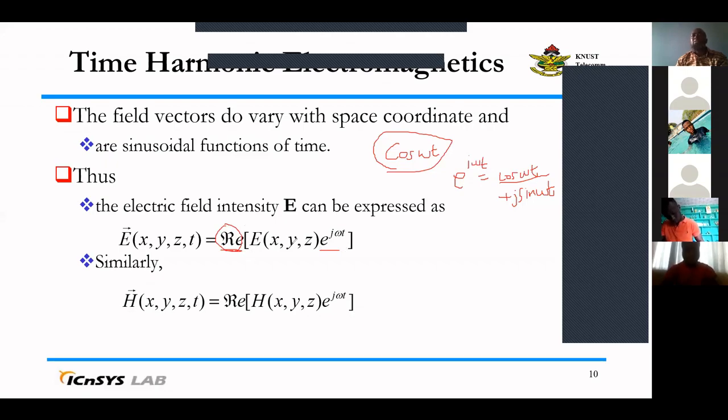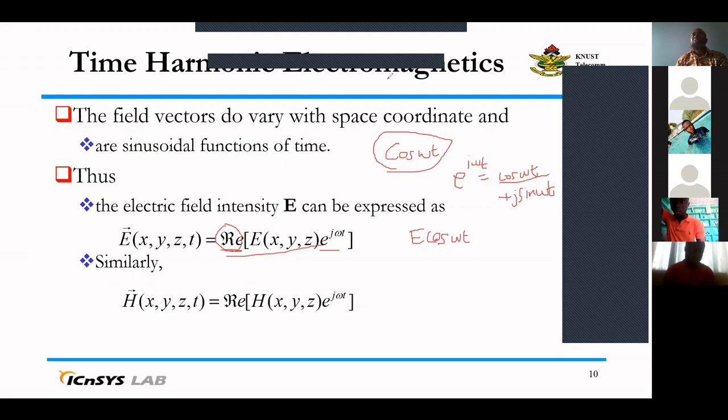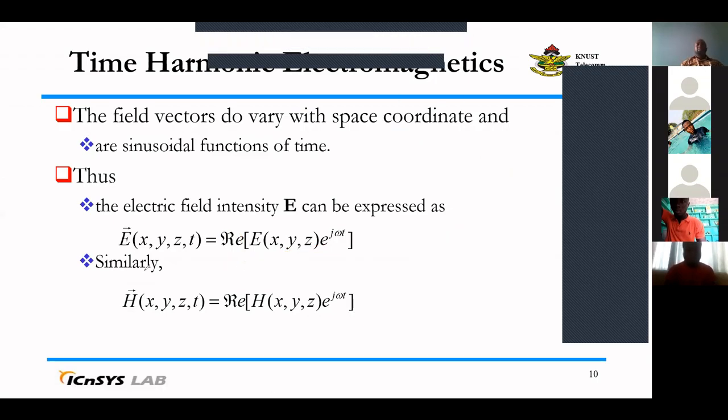So E will simply be E cos omega t, except that the E varies with X, Y, and Z. So E is a function of both space coordinates and time.